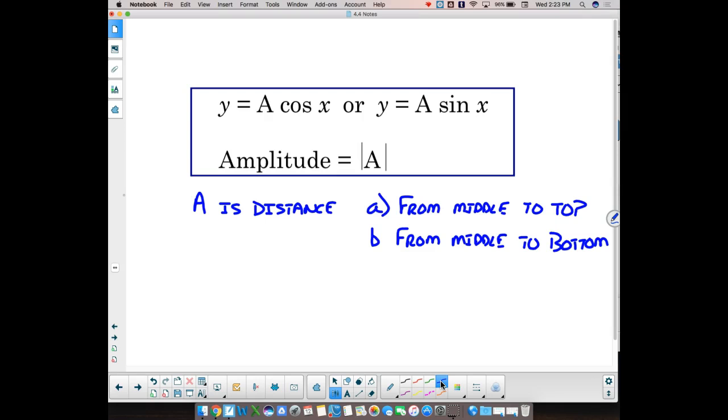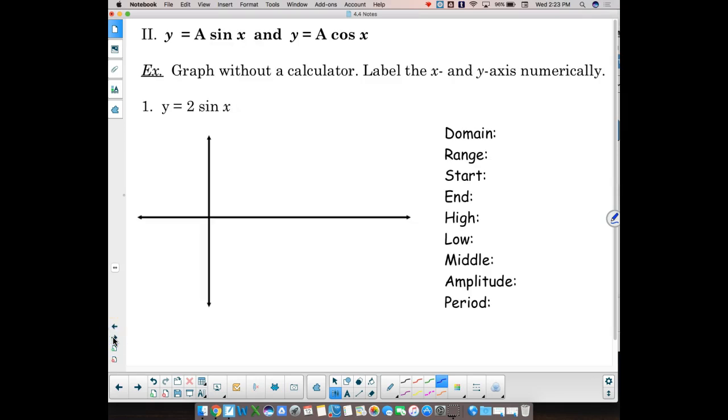Okay? So, let's graph y equals 2 sine of x. We know already that the domain is all real numbers because it's a sine function. Okay? If it was a cosine function, it would still be all real numbers. Now, there are two different schools of graphing.